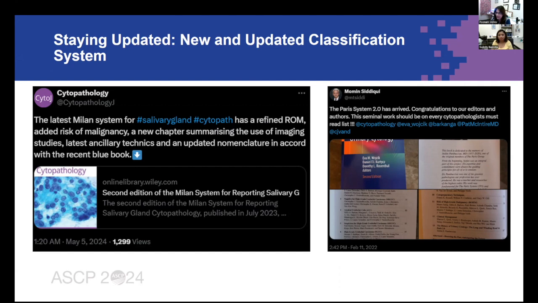So staying updated on these is crucial for accurate diagnosis and treatment planning. And social media provides you a convenient way to keep track of these new and evolving classification systems. So the key thing here is to follow the key people who are into social media and posting these updates. So that will keep you current.